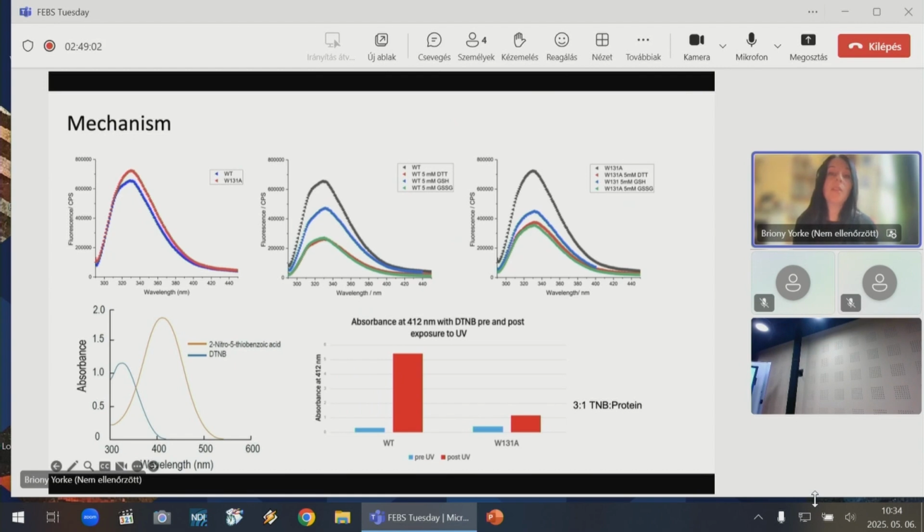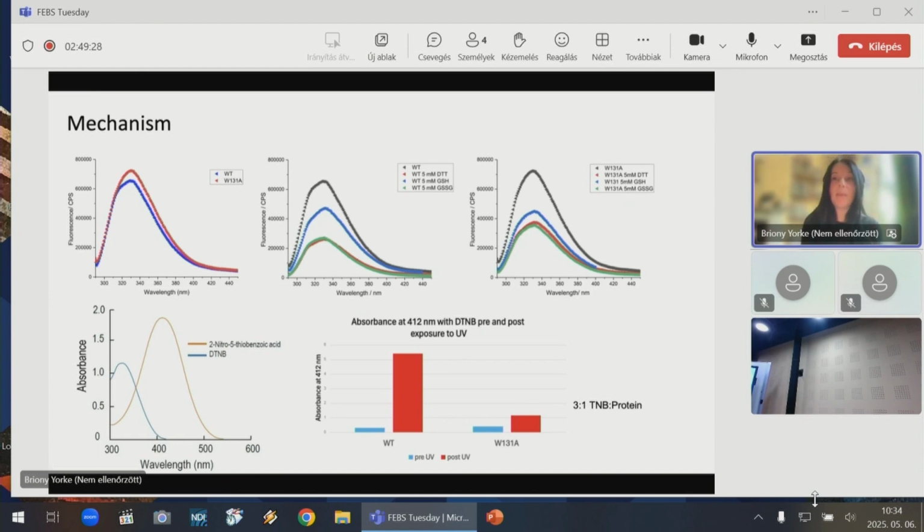So this suggests that maybe the tryptophan is being excited and the disulfide bond can then quench that through the removal of that adduct. And we've also seen that upon binding of our reducing agents, we don't get any interaction with the thiol probe Ellman's reagent, or DTMB.